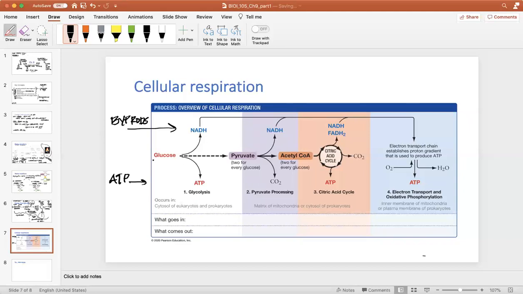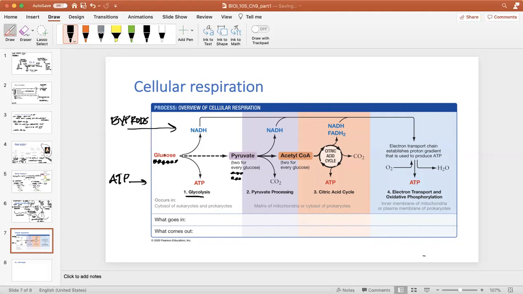We're going to start out with glucose. Again, 6 carbons. And I'm going to draw a line through so we know that they're all linked together, okay? It's a 6-carbon molecule. The first thing that happens is glycolysis is going to break glucose into pyruvate, which remember, pyruvate is 3 carbons, okay? So we've gone from 6 to 2 3-carbon molecules, right?